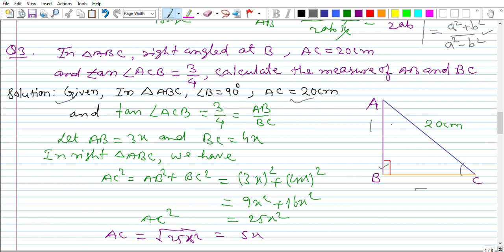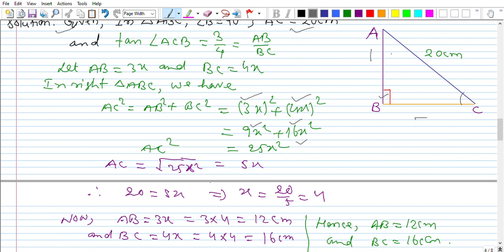You put the values of AB and BC: 3x square, 4x square, 9x square and 16x square, add them, you get 25x square.